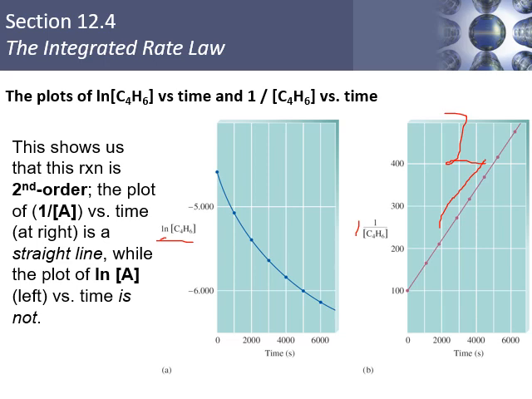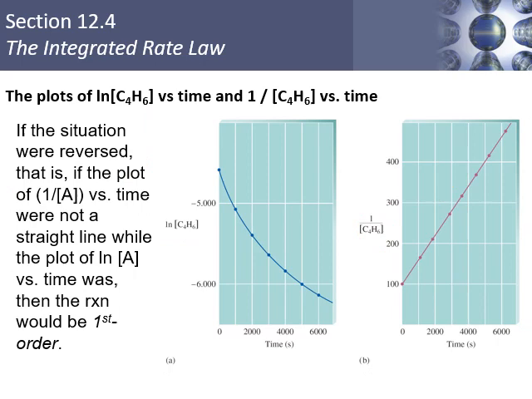So that's another way that you can tell this is second order, is because you get a straight line when you plot the reciprocal of the concentration versus time. If we had plotted just the concentration versus time, which they didn't do, but if we play like they did it over here, we again would not have gotten a straight line. So the only time we would get a straight line would be if we do 1 over the concentration versus time. And we'll see some examples as we go through these and also through the work problems.